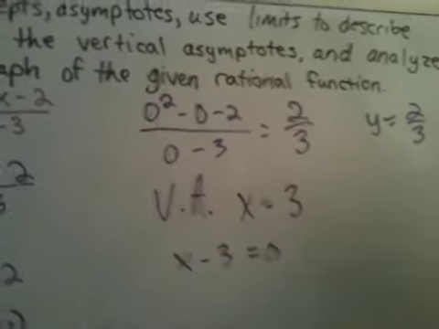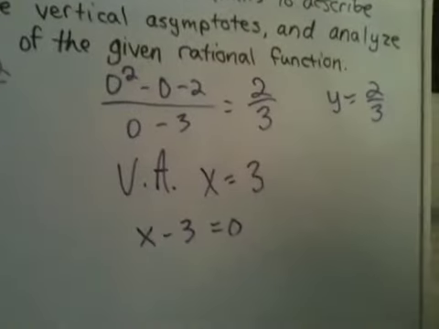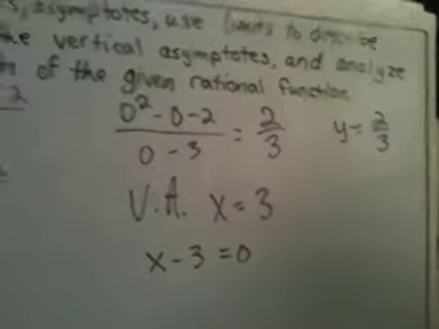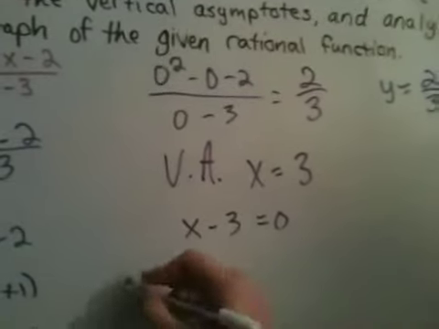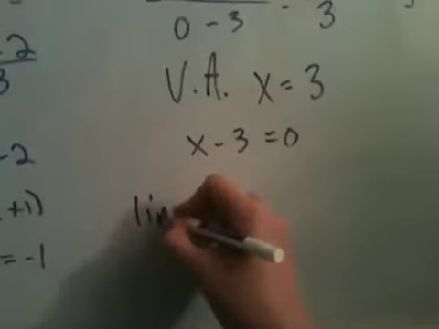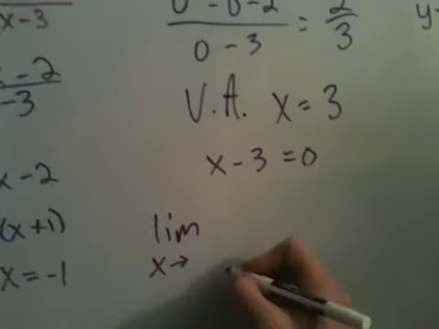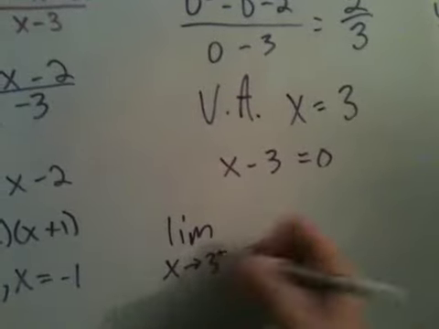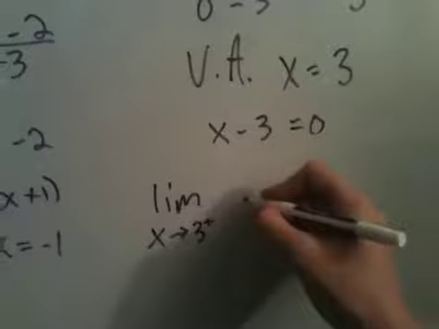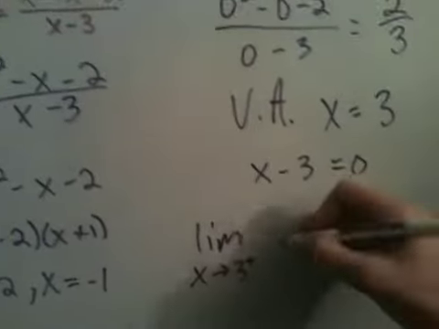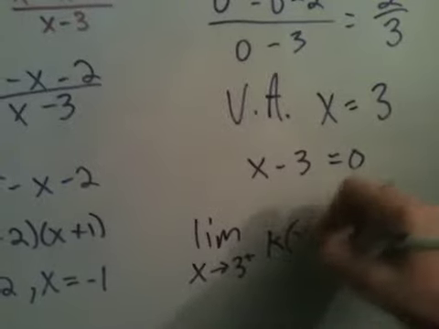And then it asks us to use limits to describe that, which is where we say, okay, the limit as x approaches 3 from the positive direction of my function, which is k of x.